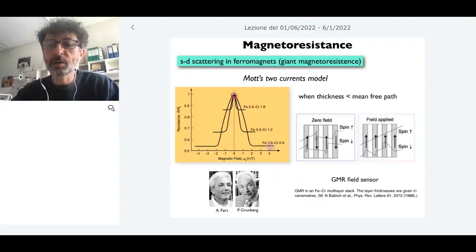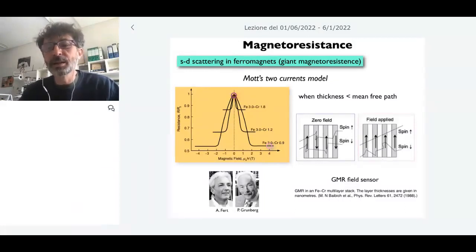Okay, let's go on, because starting from this idea, you may understand that if you make a synthetic material in which you can possibly change the direction of the magnetization, with many ferromagnetic layers separated by non-magnetic layers, you are able to pass from a condition where the ferromagnetic layers are anti-parallel to one where they are all parallel.